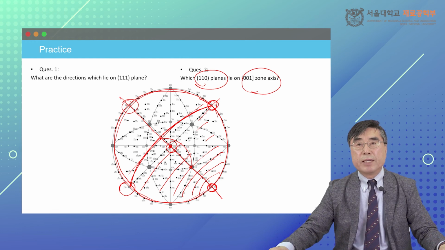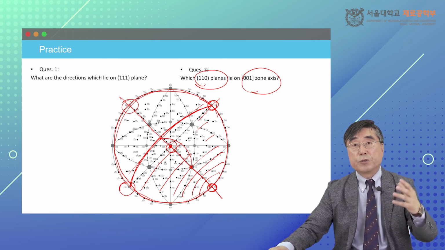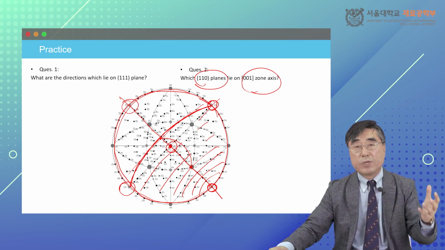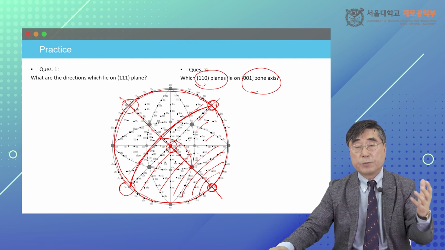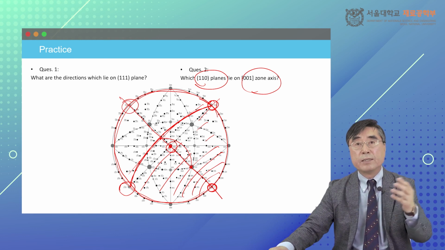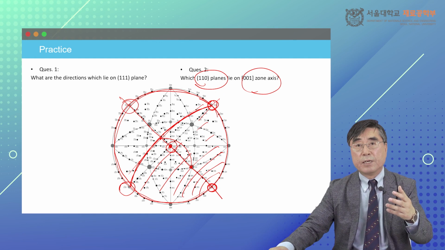I explained to you about the stereogram and stereographic projections, and how to utilize your Wulff net to measure the angles between each pole and zone axis relationships, and how to rotate your poles to certain directions, which either locate perpendicular to the stereographic projection or in the plane, and with any directions with certain angles.